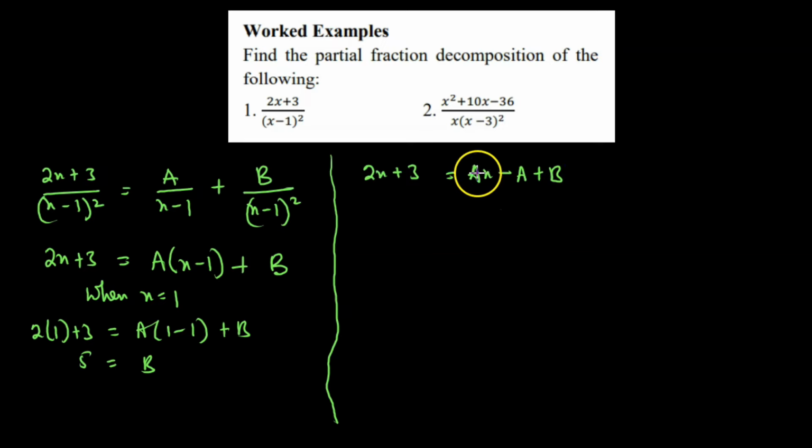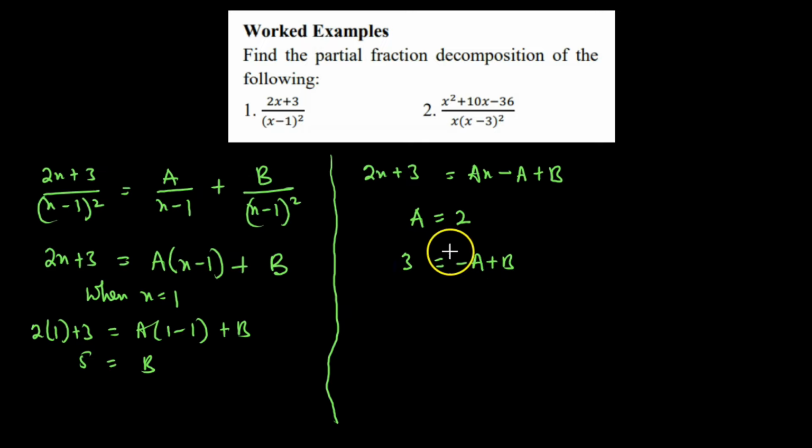The coefficient of x on the right hand side is a. When you compare it to the coefficient of x on the left hand side, which is the number 2, automatically we've seen what the value of a is. In the same way, you could have gone ahead to compare the constants on the right hand side, the ones without the variable x. So that is going to give me 3 on the left hand side equal to negative a plus b.